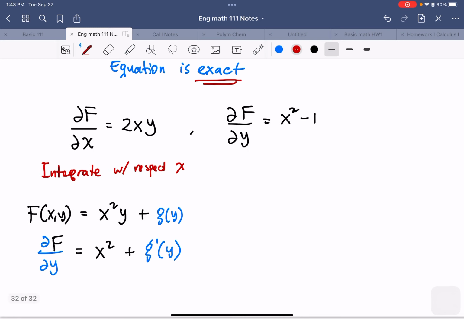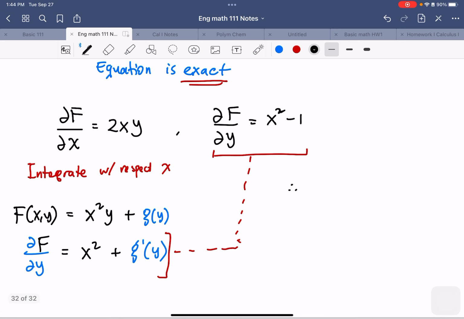Now this part should be the same as this because of the exactness that we proved before. So the conclusion is that g prime of y is -1. So if we integrate, g of y should be -y.